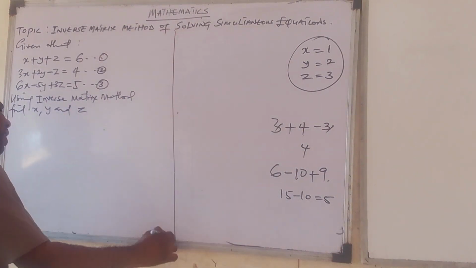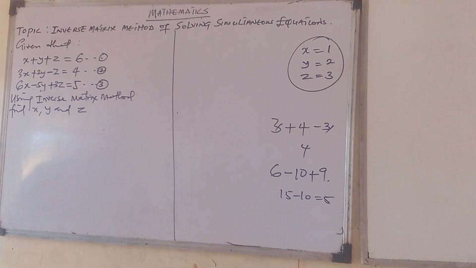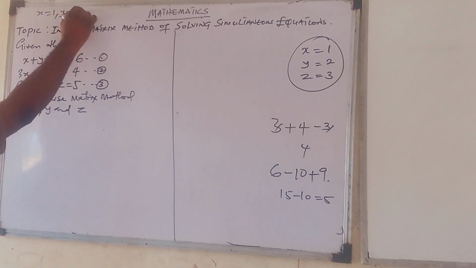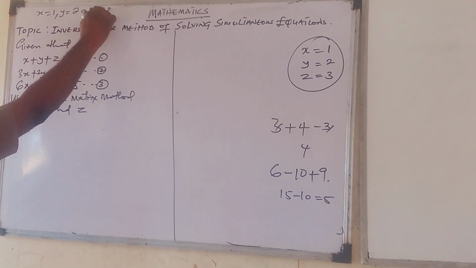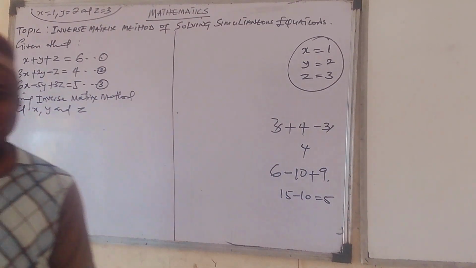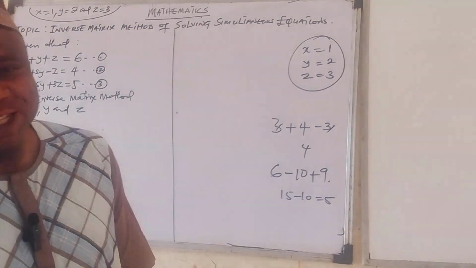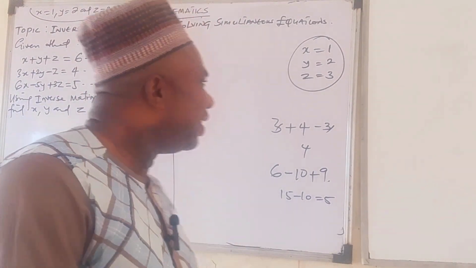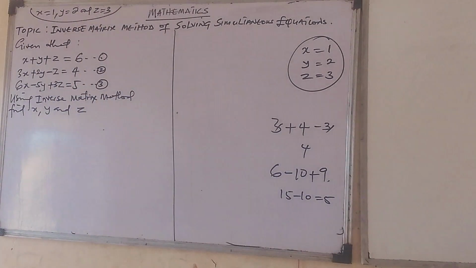Now, remember we said the value of our x is 1, the value of our y is 2, and the value of our z is equal to 3. Yes, that is how they design simultaneous equations. Now we have seen the question. We want to solve for x, y, and of course z.